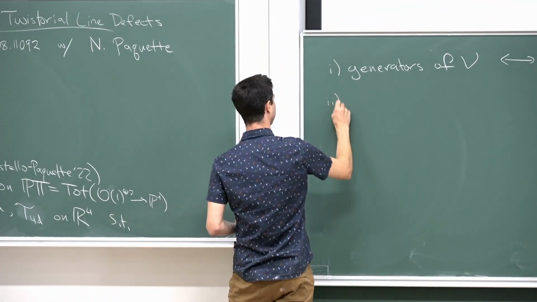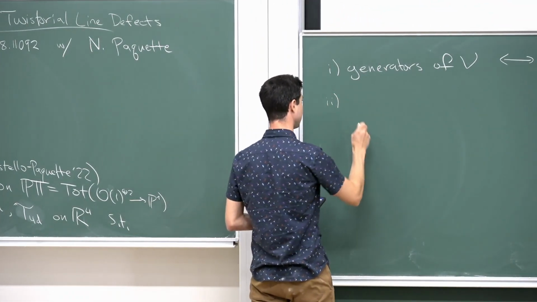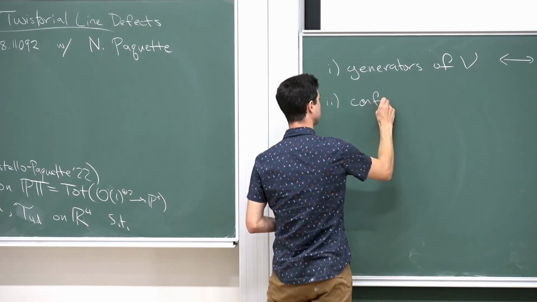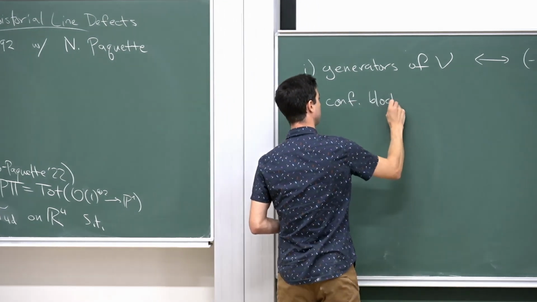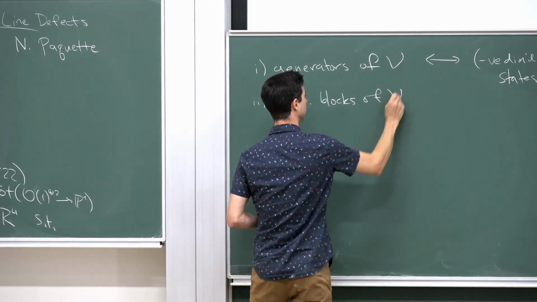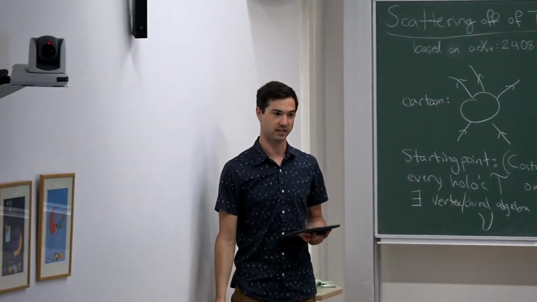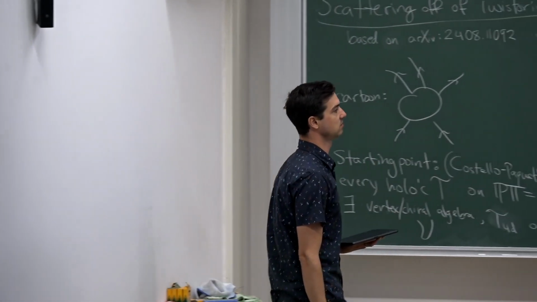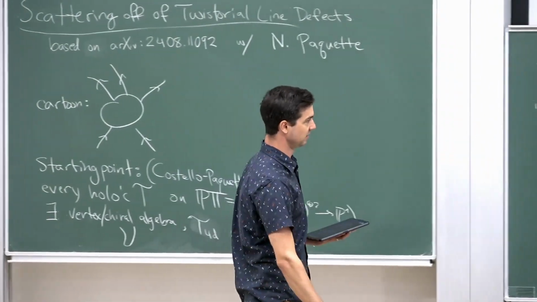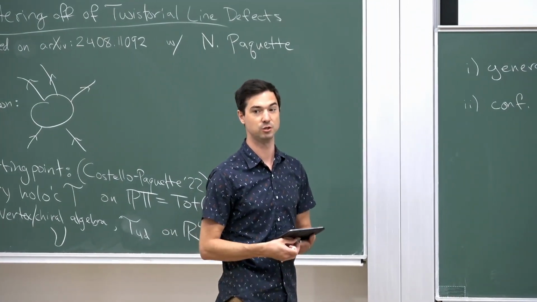The second bit that they were able to establish was that conformal blocks of V, and you might be used to situations like WZW theories or current algebras where there's one conformal block on the 2-sphere.